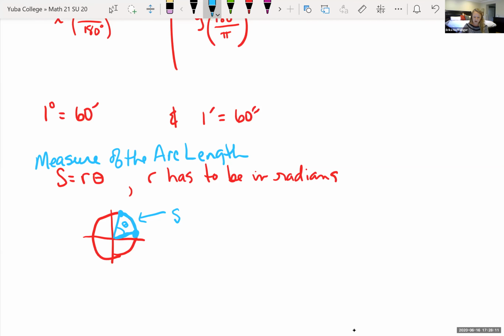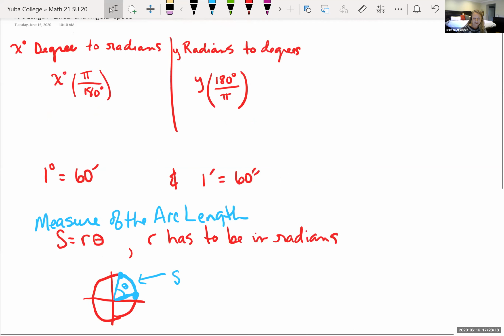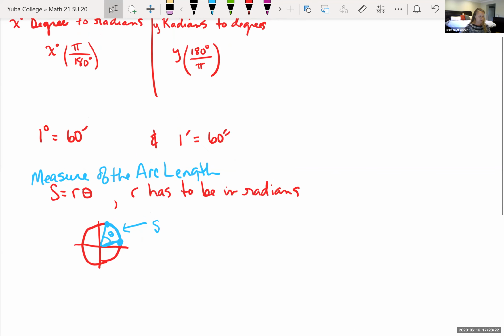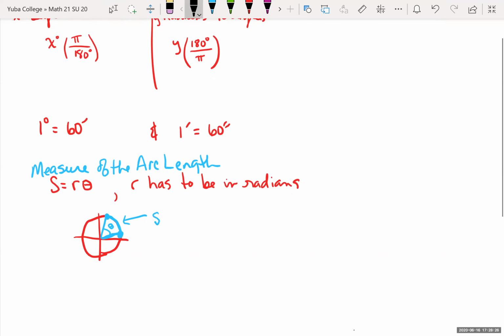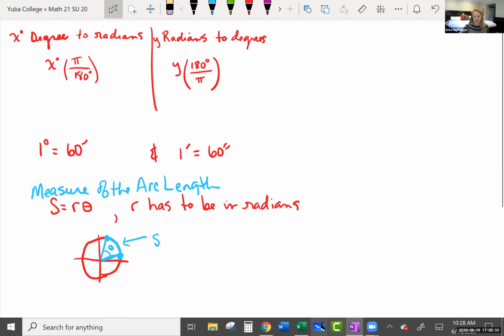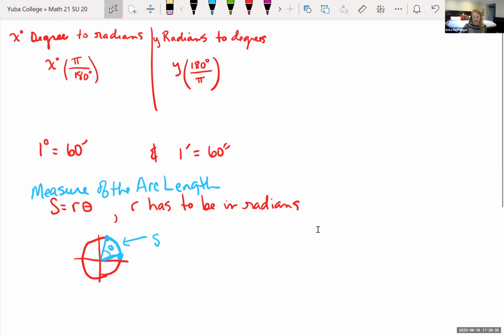Okay, so now we want to look at how would we find the area of a certain piece, like that piece of the pie in that circle. How would we find that area? Professor, where it says R has to be, is that pi radians? So it has to be in radian measure, and not always do radians have a pi in there. So you might just see 2 radians.